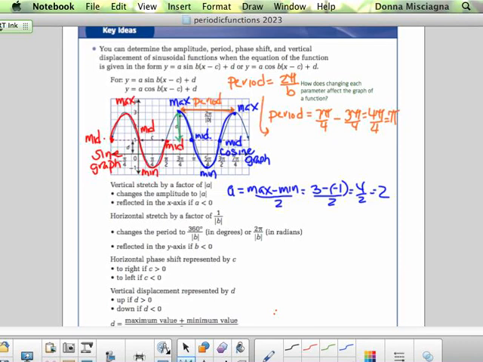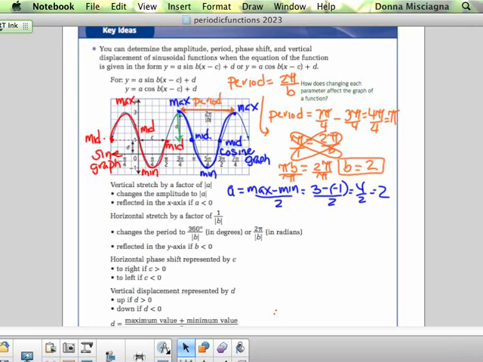So the period is pi, so pi equals 2 pi divided by B. We'll put a 1 there as a little placeholder. And we'll cross multiply. So we have pi B equals 2 pi. And then we'll divide both sides by pi to solve for B. So B is 2. All right, so we have B calculated out.